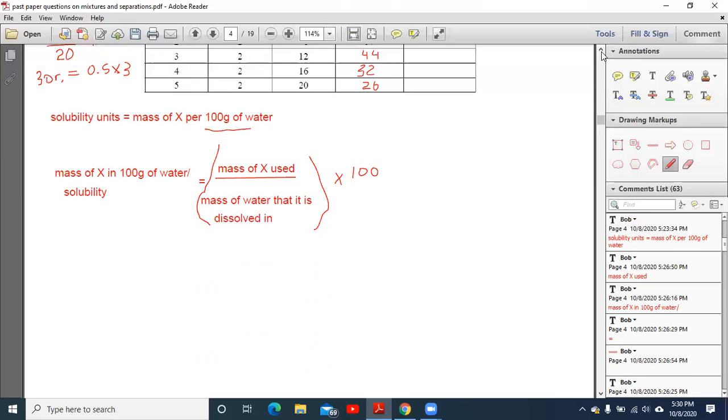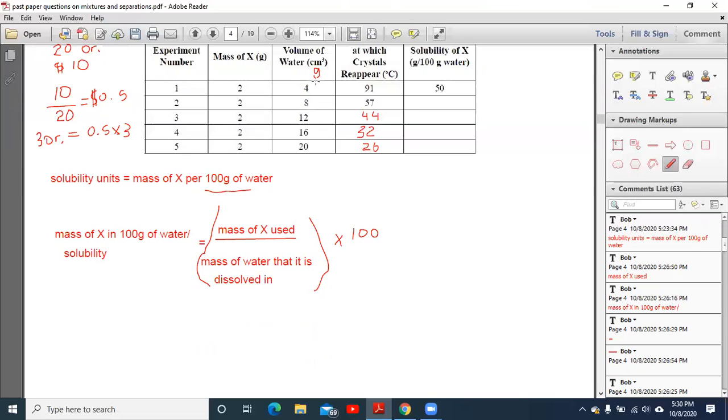So let's input the values for the first one to confirm that they have the solubility as 50. The solubility will be equal to 2 divided by 4 multiplied by 100.